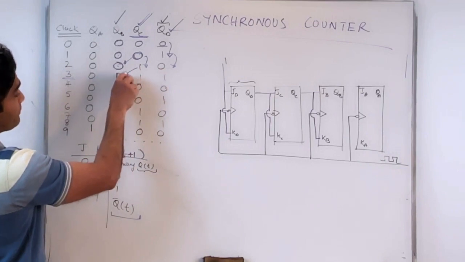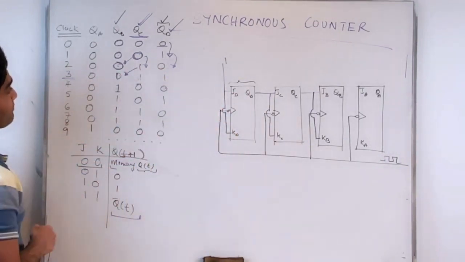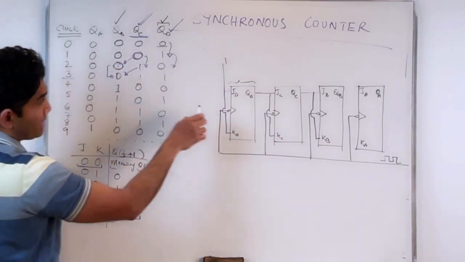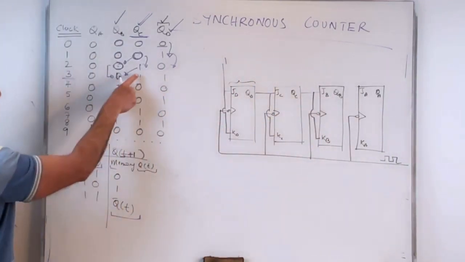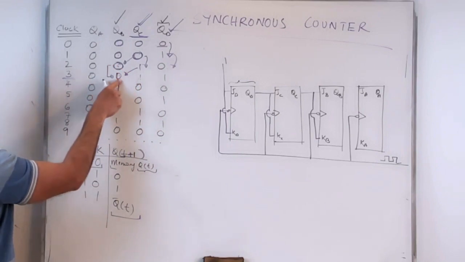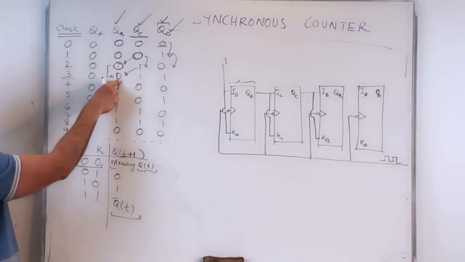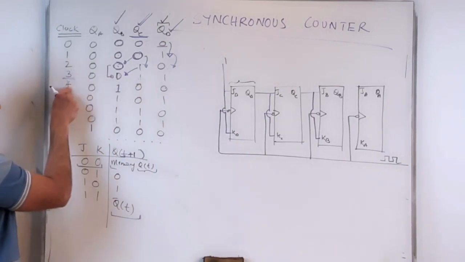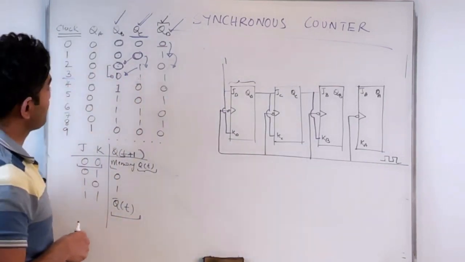So by the configuration that we have seen here, this would have toggled to 1 on the third clock pulse. But we don't want that to happen. We want the toggle to happen on the fourth clock pulse, right?